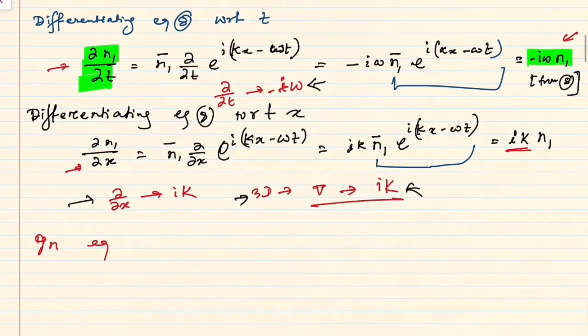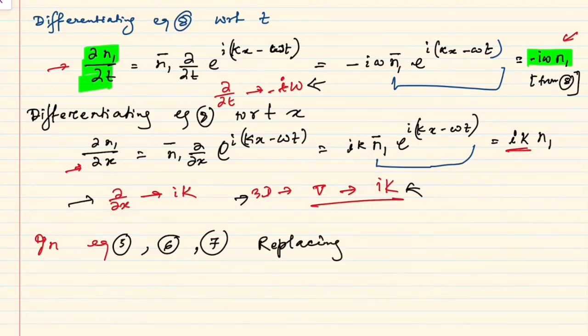Then what will happen? In equations 5, 6 and 7, replacing del/del t by minus iω and del by ik, then what we will get?